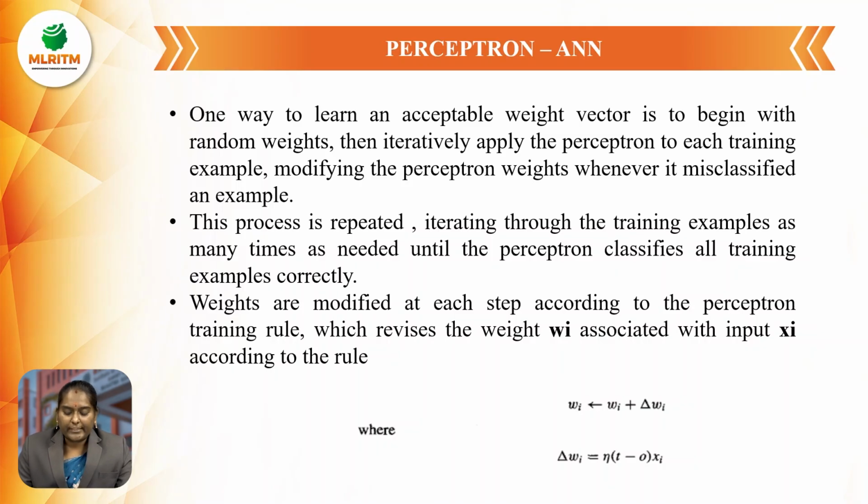Weights are modified at each step according to the Perceptron Training Rule, which revises the weight wi associated with input xi according to the rule wi = wi + delta wi, where delta wi = n (target output minus actual output) xi. Here n means the learning rate.